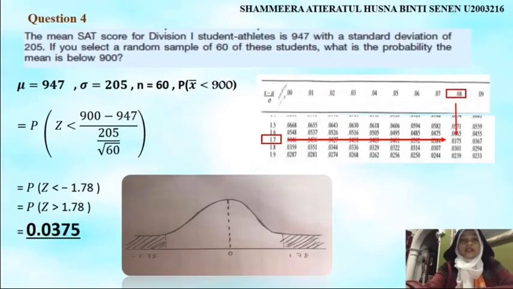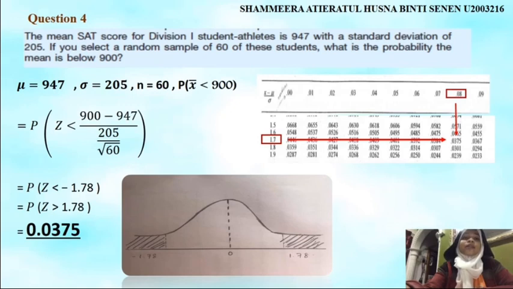First of all, we have to list out all the keywords, which I already put in red font, and we get the mean given is 947, standard deviation of 205, the sample number of 60, and the mean is below 900.